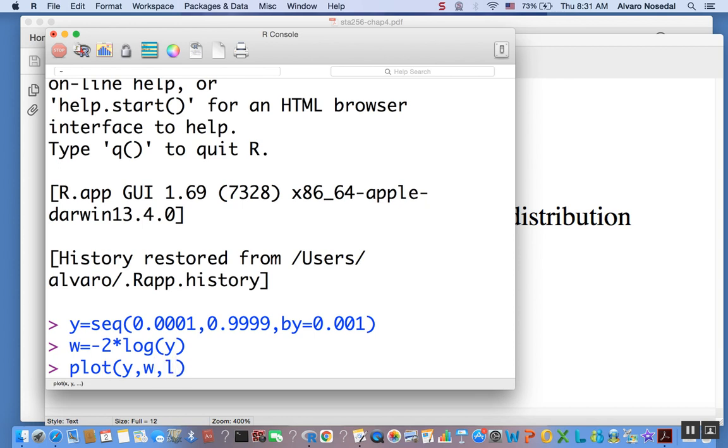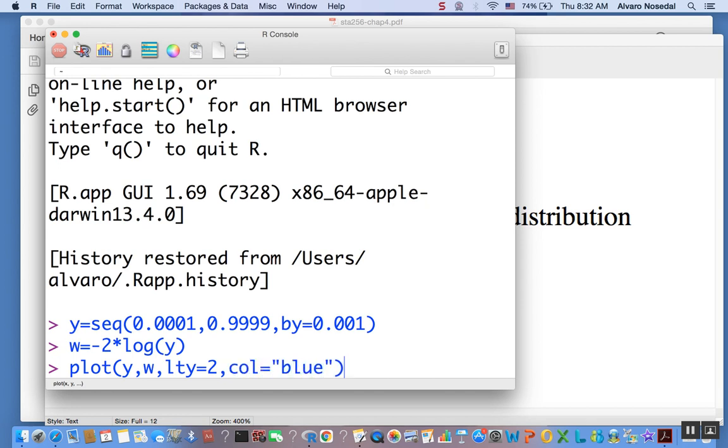But in this case, the numbers that go on the horizontal are the numbers contained in that vector y, and then the numbers that go on the vertical are the ones contained in that vector we just created, w. LTY is telling R what kind of line we want. In this case, I want a dashed line, and I want it to be blue.